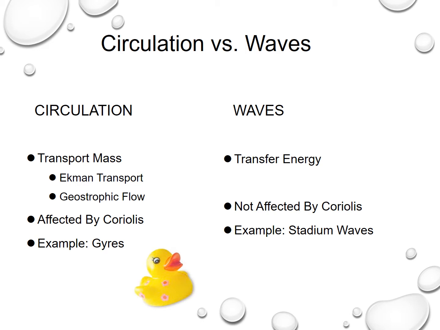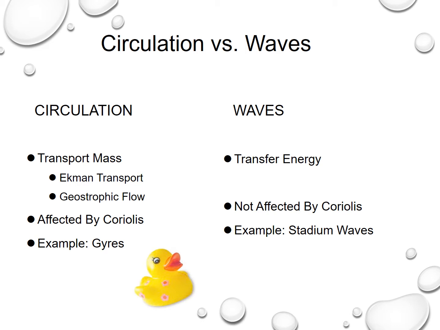And because we're moving mass, circulation is affected by Coriolis. Just think about gyres. In the northern hemisphere, this gyre circulation is clockwise, and the southern hemisphere counterclockwise because of the Coriolis effect.